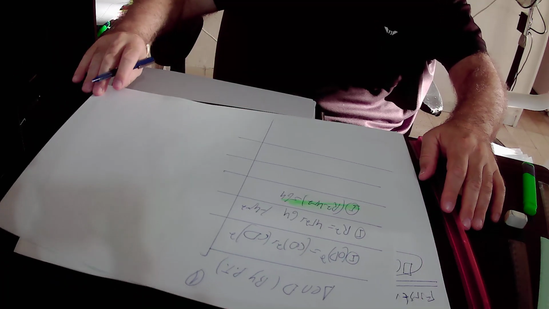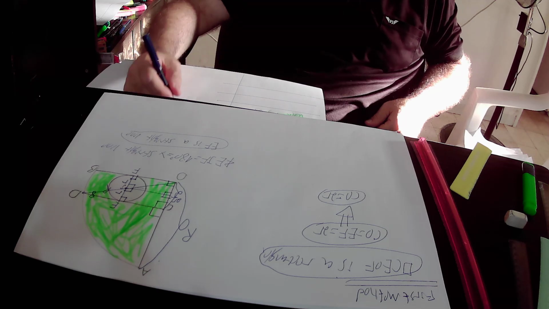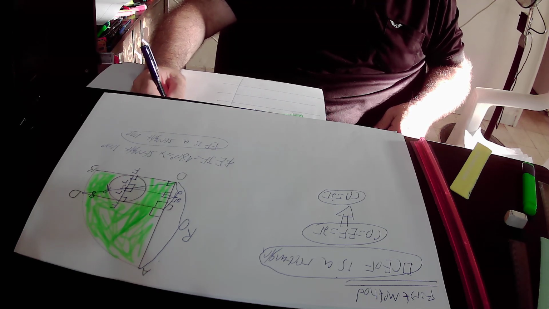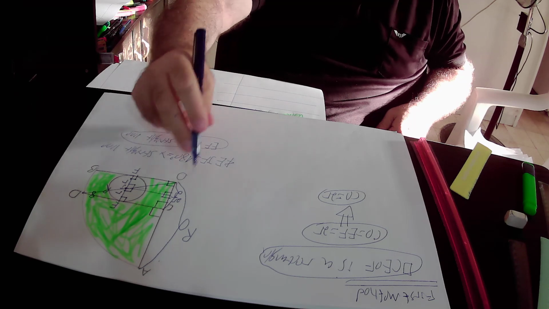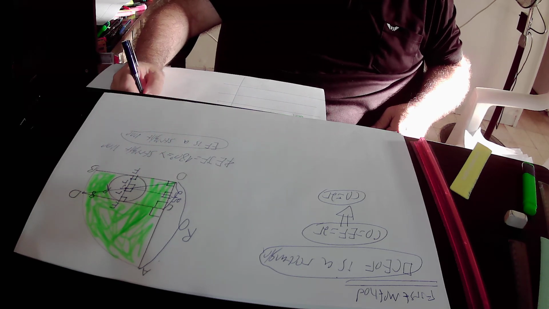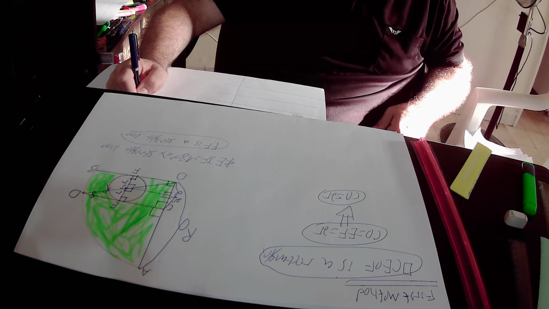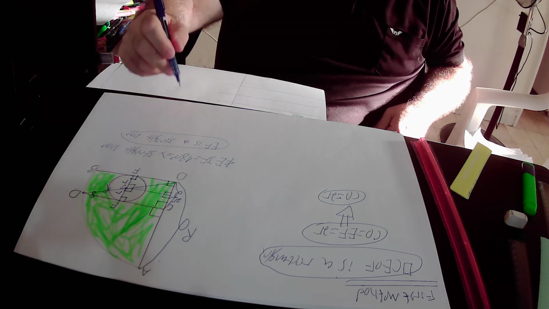But what is the area of the green shape? From the drawing, it is very easy to see that the area of the green shape equals the area of the quarter circle minus the area of the small circle.